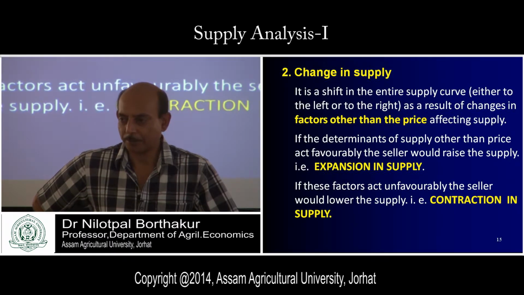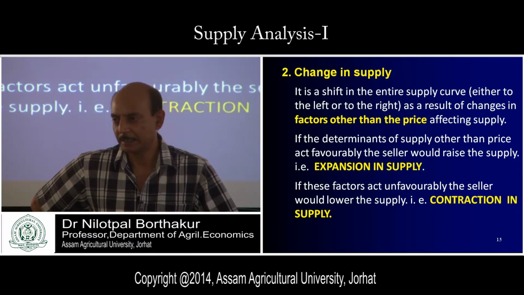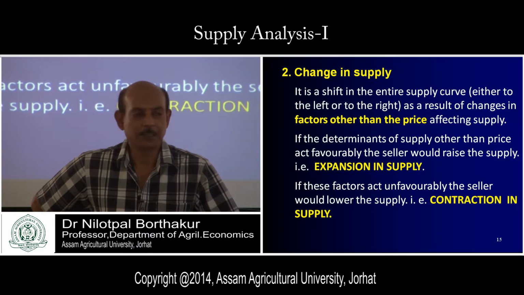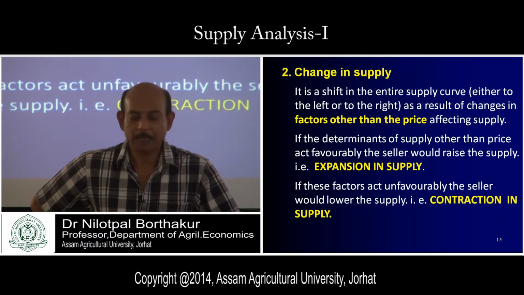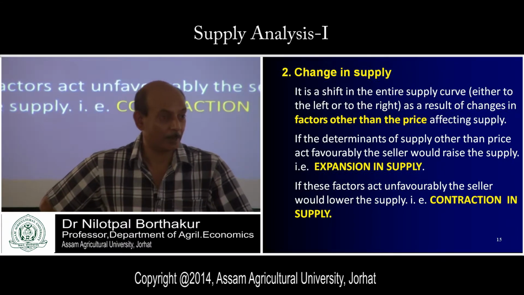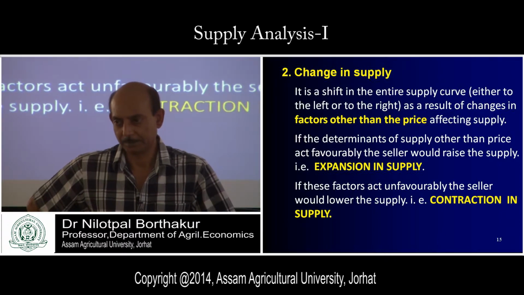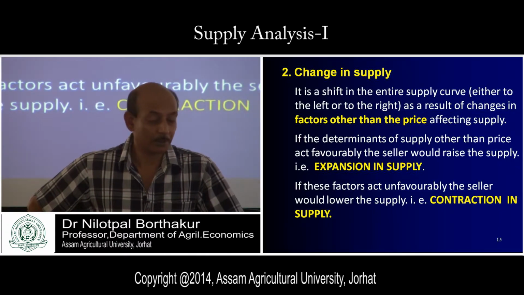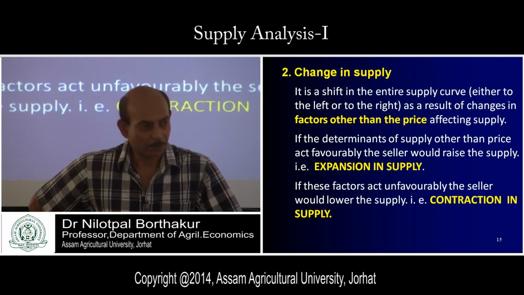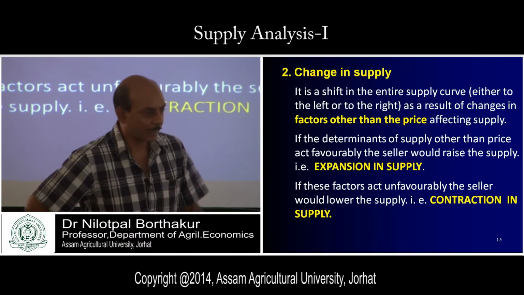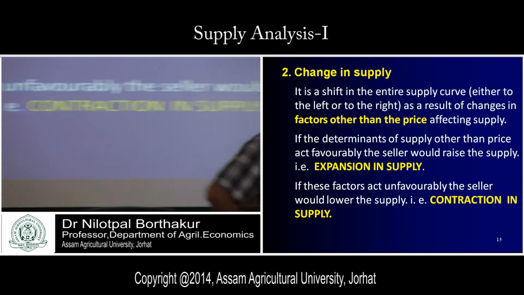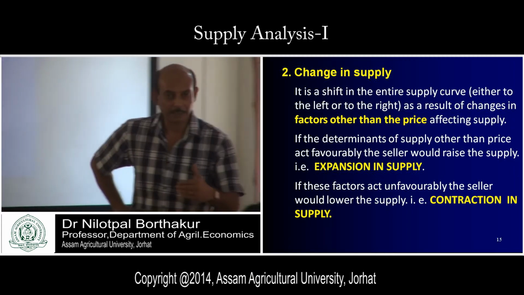Now suppose at 40 rupees per kg, the quantity offered for sale is 30 quintals. But the situation goes against the seller, so he wants to sell less at the same price. So he withdraws the commodity from the market. So he offers less for sale than before at the same price.